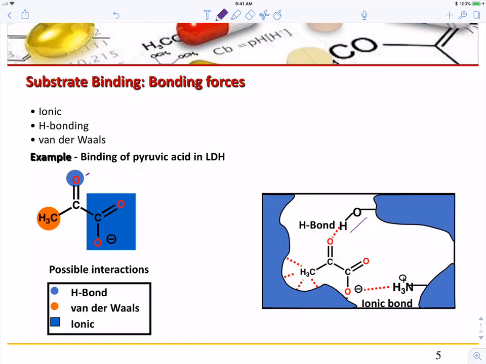We have hydrophobic interactions or van der Waals interactions here in the cavity between the methyl group and the surrounding environment. And we have ionic bonds between the carboxylate on pyruvic acid and a charged amine in the enzyme pocket.